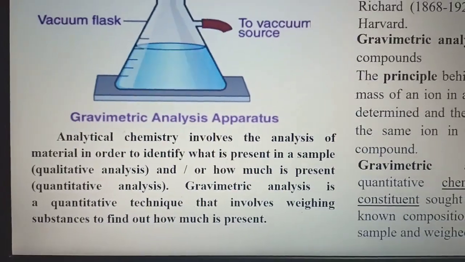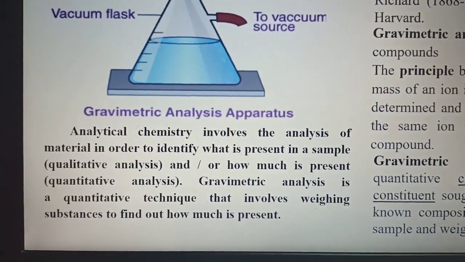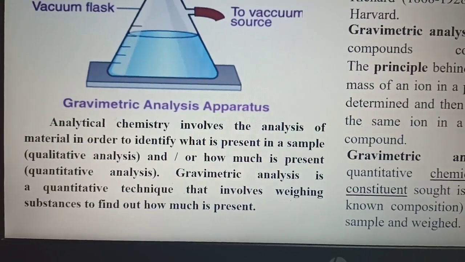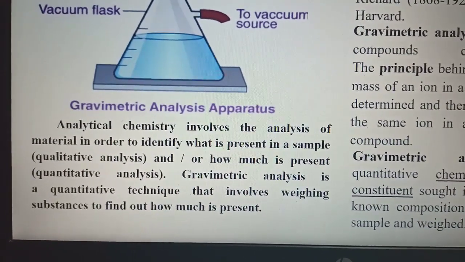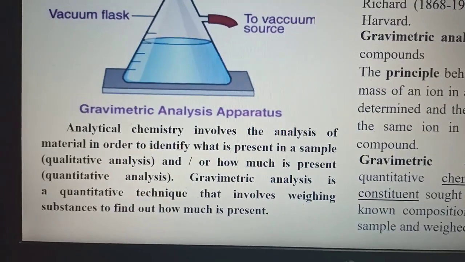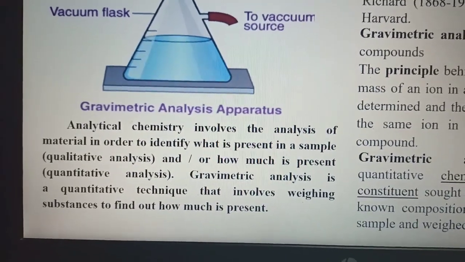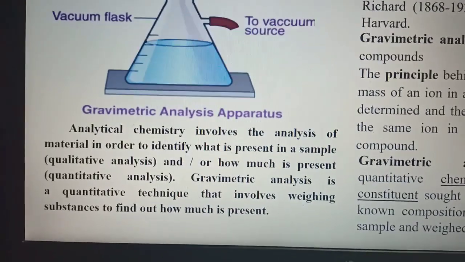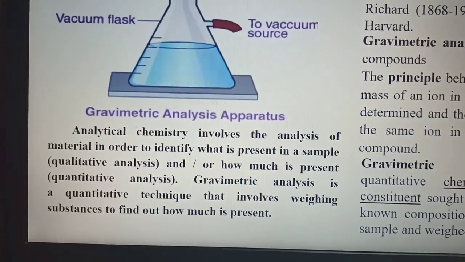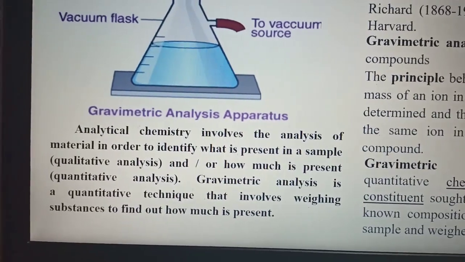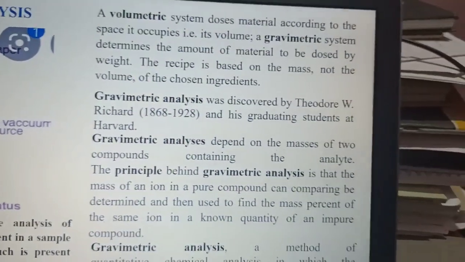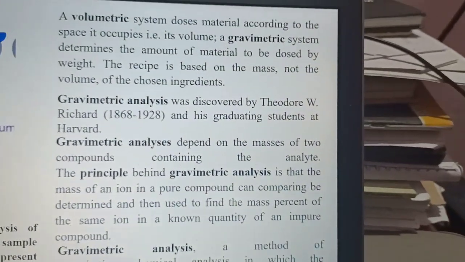Analytical chemistry involves the analysis of material in order to identify what is present in a sample of a solution. Gravimetric analysis is a quantitative technique that involves weighing a substance to find out how much of it is present in a given solution. Now let us see the other term, volumetric analysis.